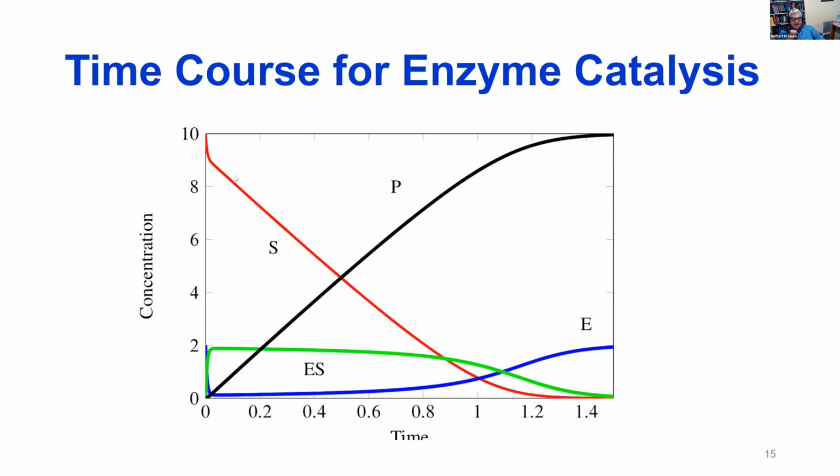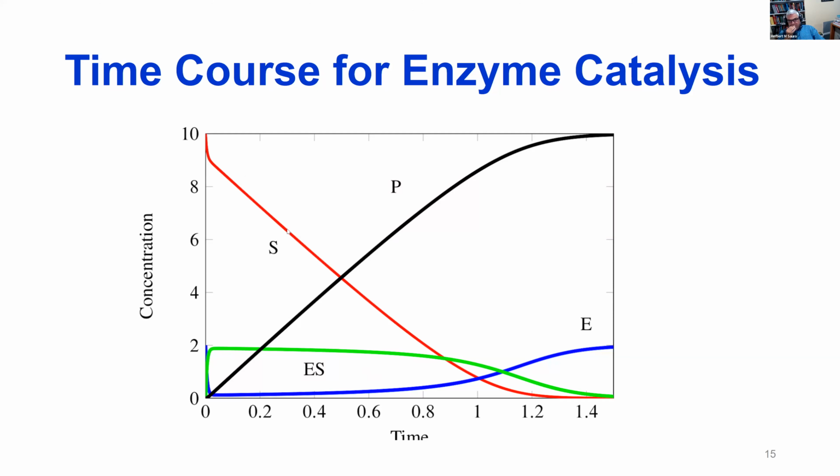And then there's a middle phase where the rate of production of product seems to be relatively constant. The rate of consumption of substrate seems to be relatively constant. And the concentration of enzyme substrate complex seems to be relatively constant as well, although it appears to be drifting down a little bit. And then there's a final transition where we run out of substrate and everything comes to an end.